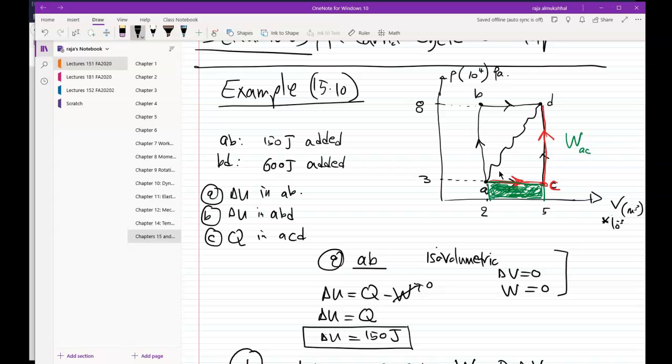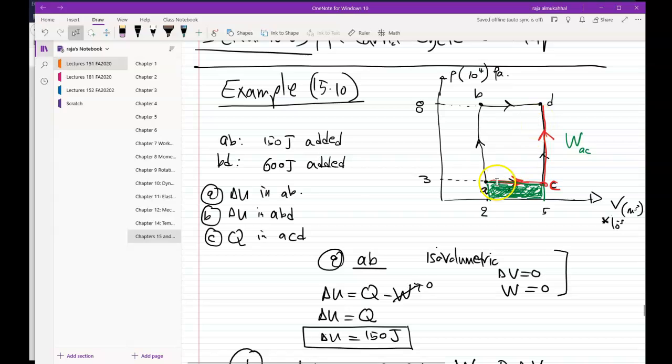Any path that I want, as long as I am at the same starting point and the same ending point, the change in the internal energy is exactly the same. Got that? Let me repeat it again. The change in the internal energy is independent of the path.